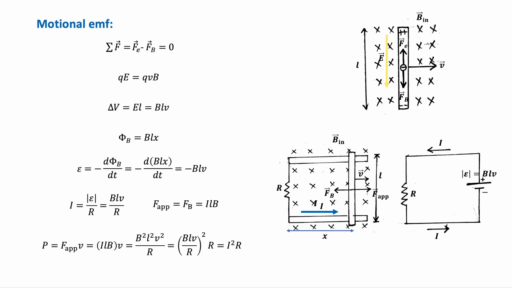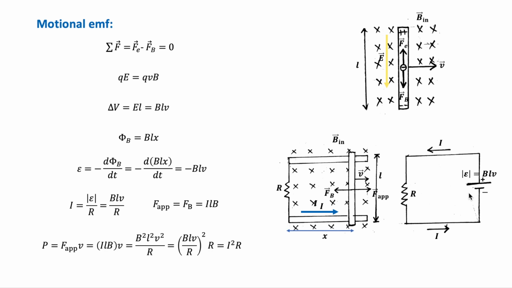So the magnitude of the induced current in the circuit I is equal to ε over R, which is equal to BLv over R, where R is the resistance of the circuit. And an equivalent circuit is shown here where the moving bar behaves as a battery and a source of electromotive force as long as the bar is moving in the magnetic field, okay?